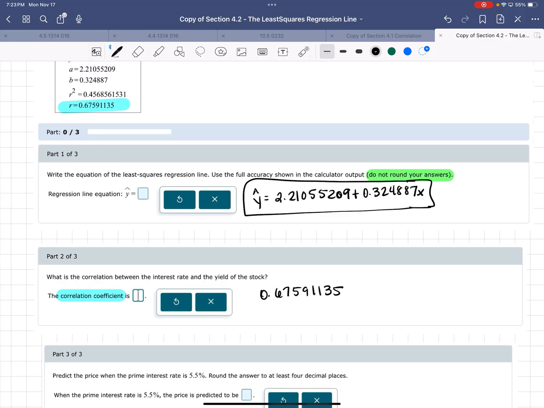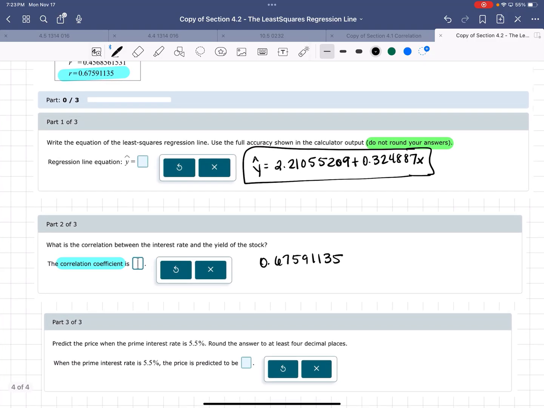And 3 says predict the price when the prime interest rate is 5.5%. Round the answer to at least 4 decimal places. I'm going to warn you on here. Don't convert that percent to a decimal. Because when I first worked it, I was like, what we always do? Oh, it's a percent. I got to turn it into a decimal so I can work with it. Evidently, when they made this table, they did not do that. They used 5.5 because I worked some other problem and yeah, I got it wrong.